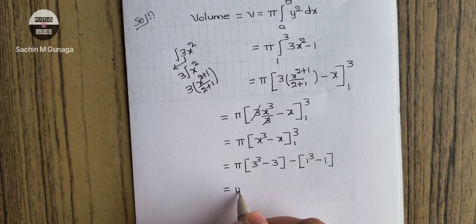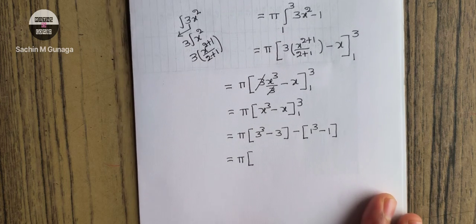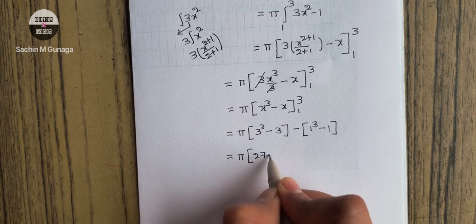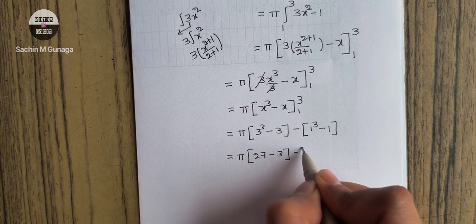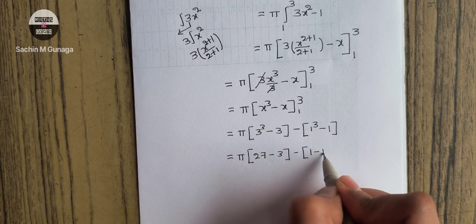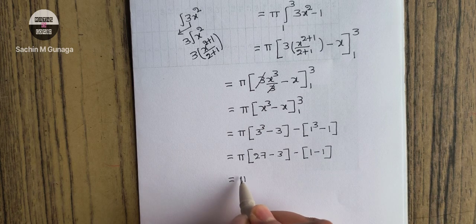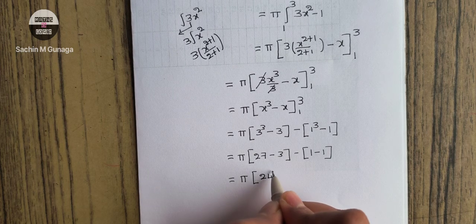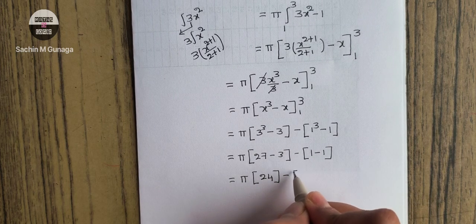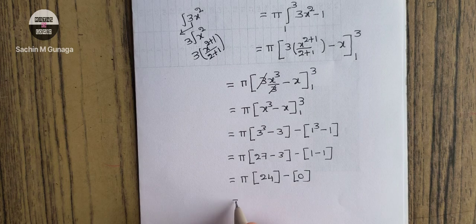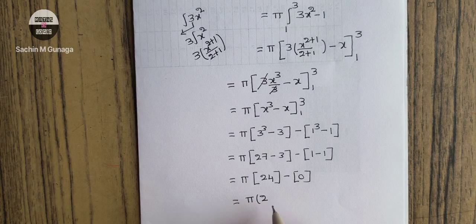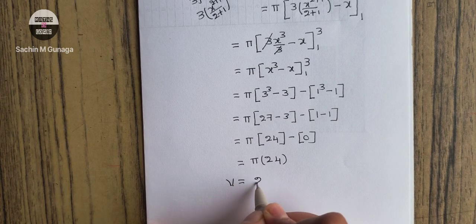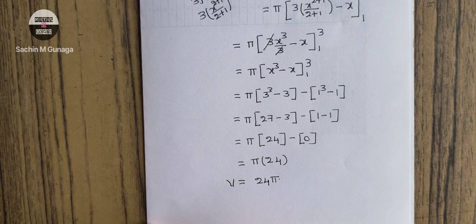So it is equal to pi as it is, 3 to the power 3 is 27 minus 3 minus 1 to the power 3 is 1 minus 1. Therefore pi, again keep it as it is, 27 minus 3 is 24, minus 1 minus 1 is how much here? 0. Therefore finally pi into how much are we getting here? 24. Therefore the volume value is 24 pi.